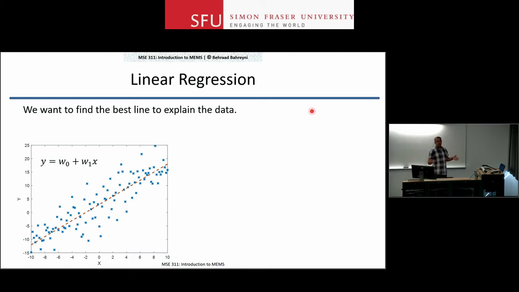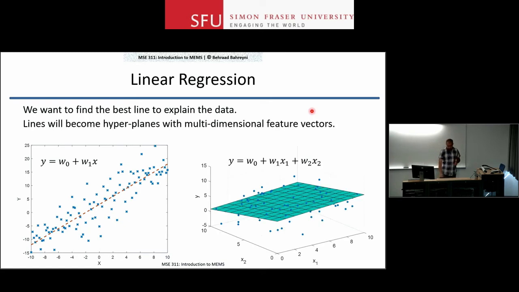But in most cases, you have more than that. So instead of having a line on a 2D plane, you may have a plane in a 3D space, or hyperplanes in higher dimensional spaces. But the algorithm at the end of the story is the same. What does linear regression do?